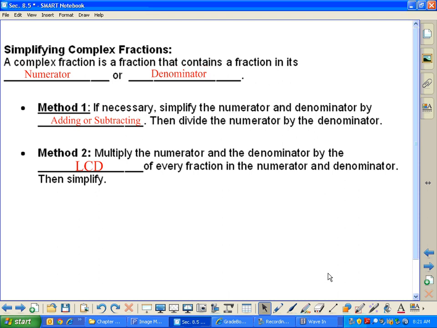Method one is to just do the math problem that's in the numerator, and then do the math problem that might be hanging out in the denominator, and then divide your two resulting fractions, which actually in essence means multiplying by the reciprocal of the divisor.